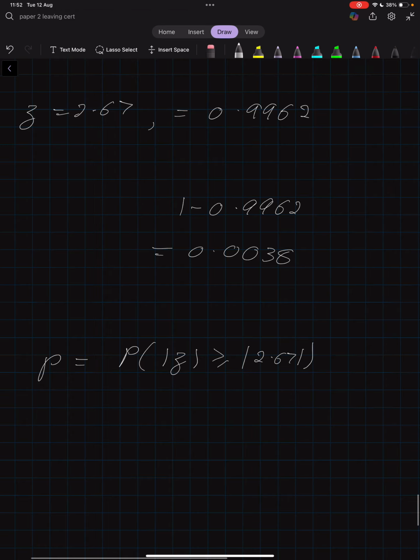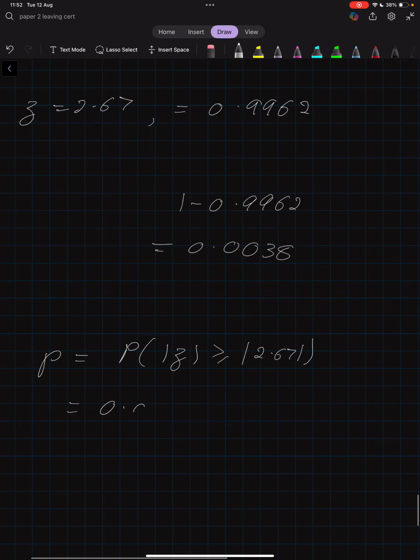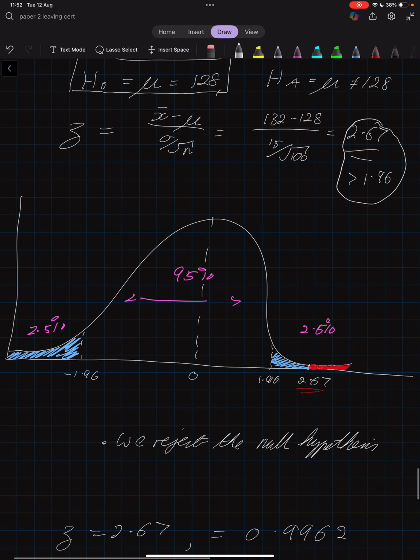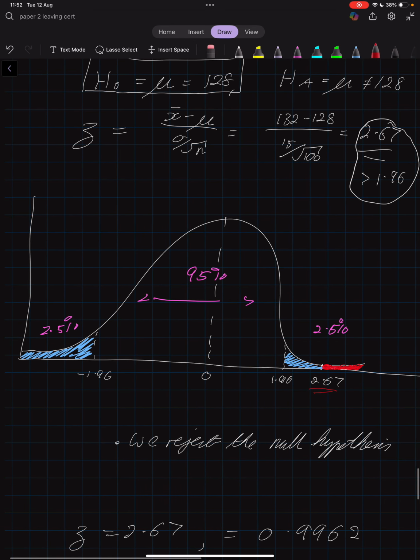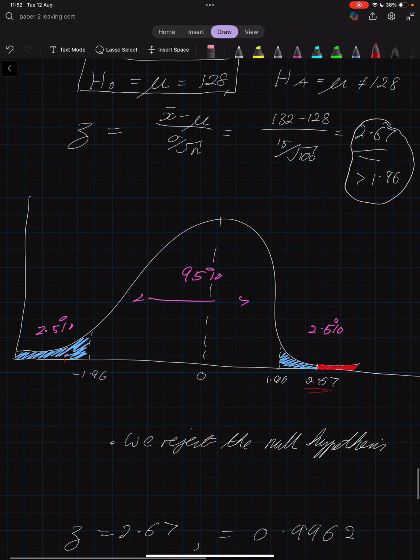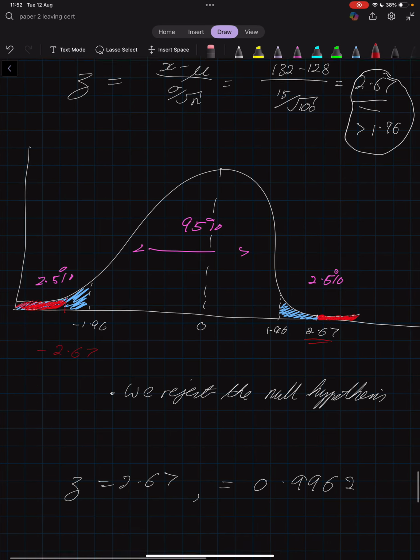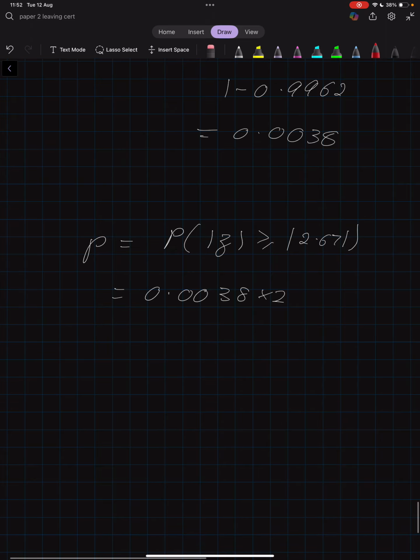So basically, you always have to multiply this by 2 because you're always looking at this side as well. You want to know the chance of getting an even stronger result than 2.67, so you want your magnitude of z to be greater than this.